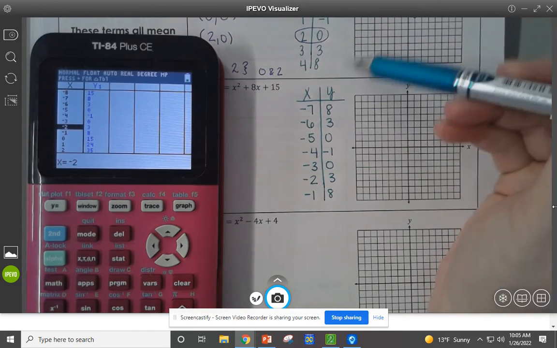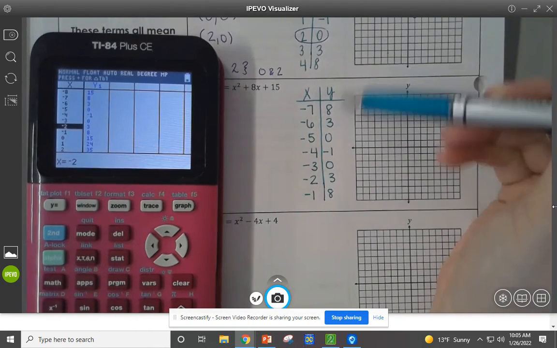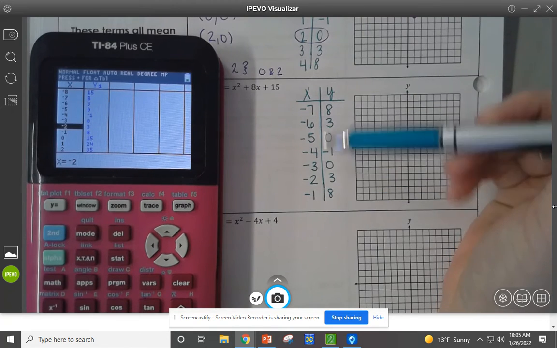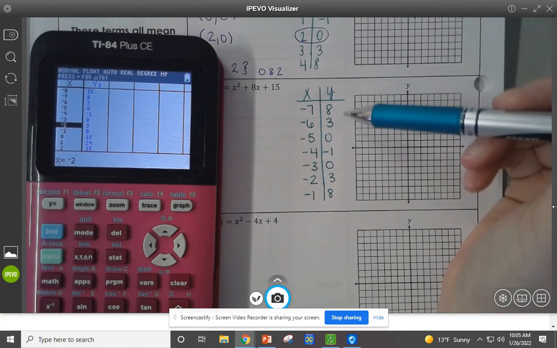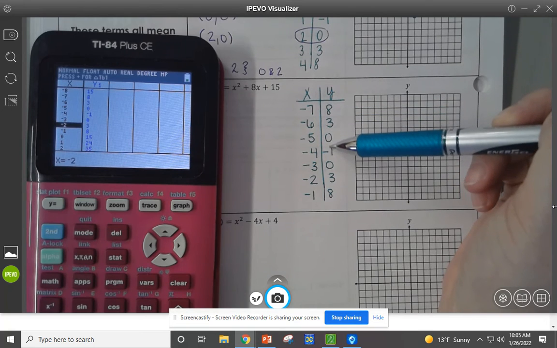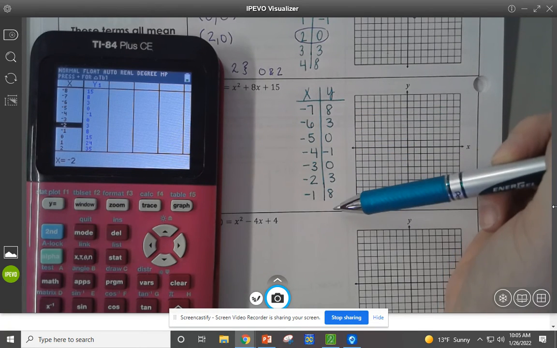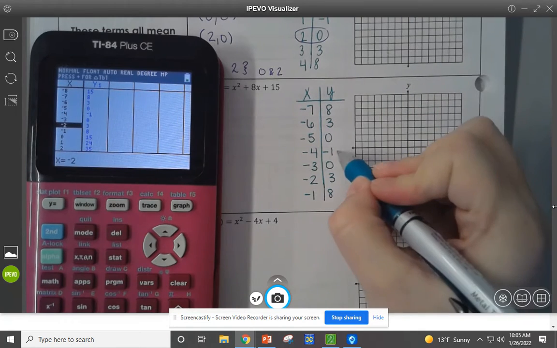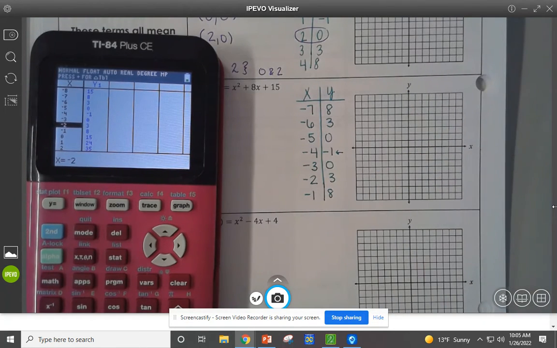Now, if we look at our table, something else that you can easily identify is the vertex. If you look at your y values, notice how your numbers go towards -1 and then they repeat again. This one in the middle is your vertex, because that's where the numbers start repeating. That's just a little thing that you can see.